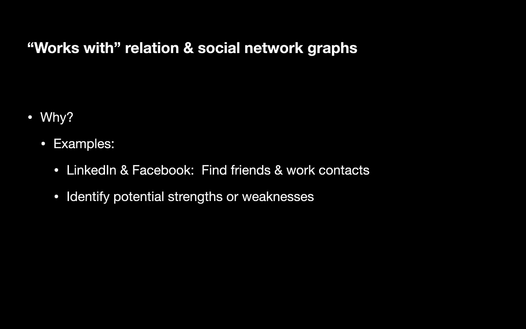It can also be used to identify potential strengths and weaknesses. So in a social network like this, it can be used to identify isolated groups or individuals. In our previous example, we had a cluster of 2 people who worked together, and they were kind of separate from the rest of the group, Amber and John.